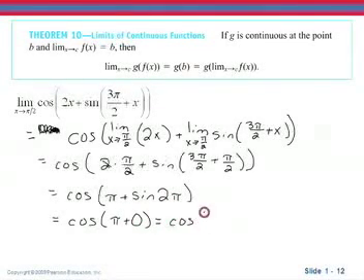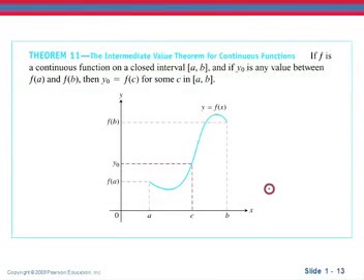Well, this is going to be the cosine of pi plus, well, the sine of 2 pi is 0, so this is the cosine of pi, which is -1. So if we have a composite function, we can just look at this as plugging in the pi over 2 in each spot.